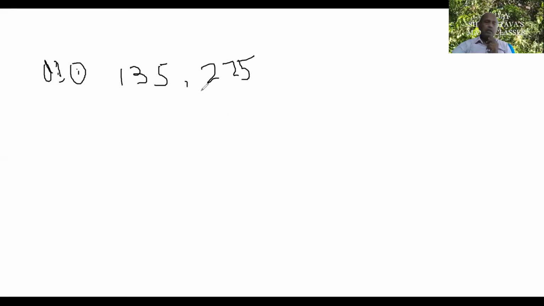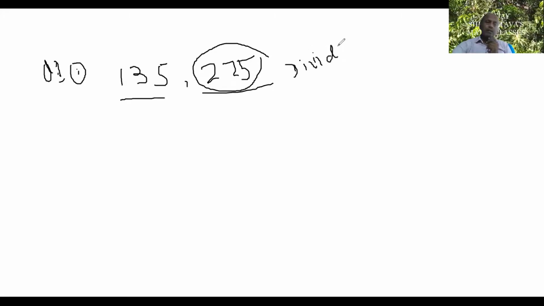So here 225 is bigger than 135, which means 225 will be the dividend and 135 you have to take as the divisor.